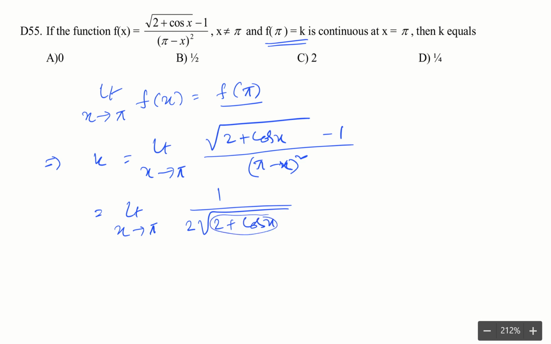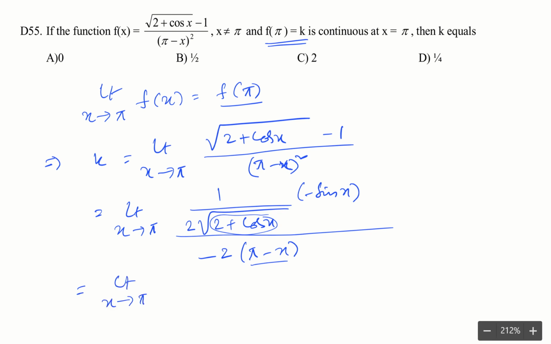So now I have to write its derivative, which is minus sin x, and for minus 1 the derivative is 0. For the denominator it is 2 into (pi minus x), and then I have to write its derivative, which is minus 1. And now I observe that it is limit x tends to pi of 1 by 4 into root of 2 plus cos x into sin x by (pi minus x).